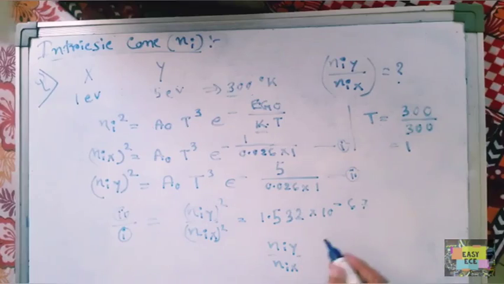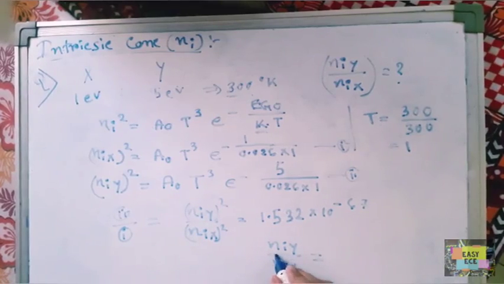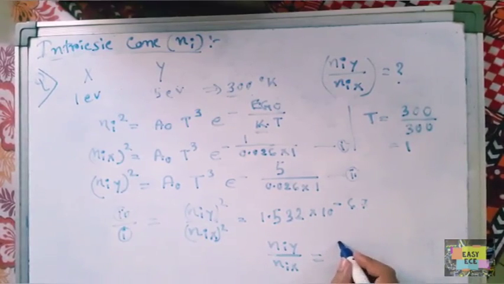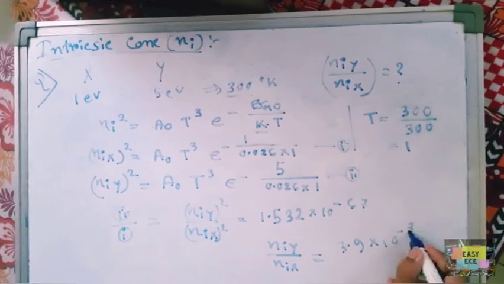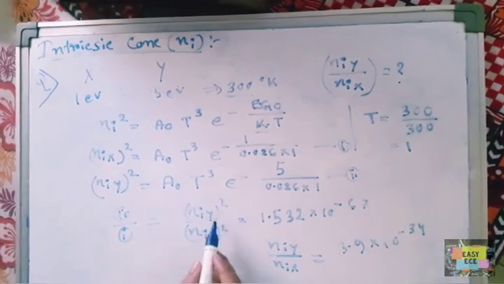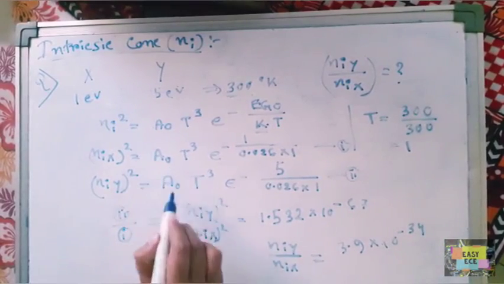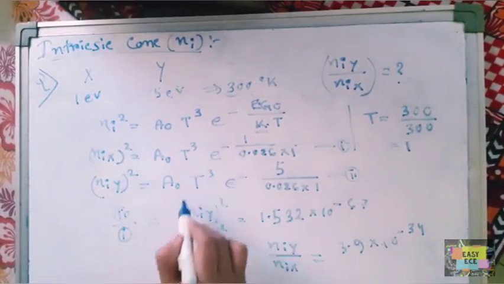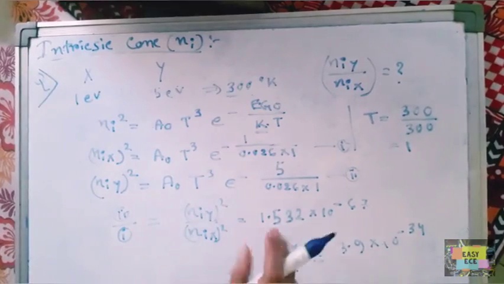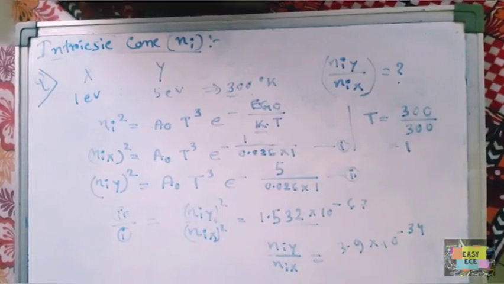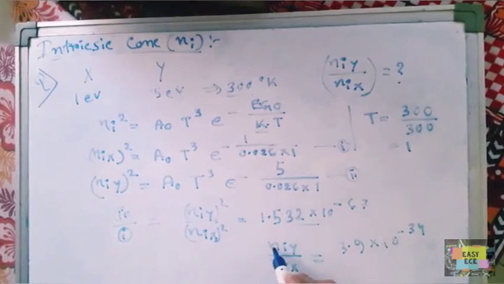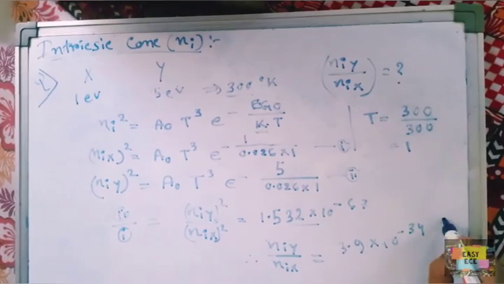That square is here, and the value becomes 3.9 × 10^-34. While dividing, A0 and A0 both cancel, T cube also cancels, only the exponential part is there. Now you need to calculate on your calculator and the values become this, and after that you take the square root to get the answer. Thank you.